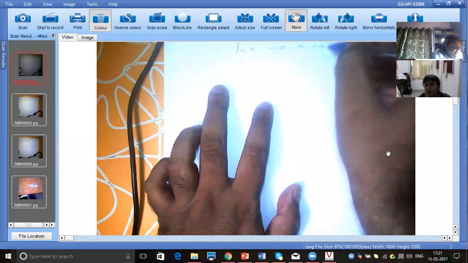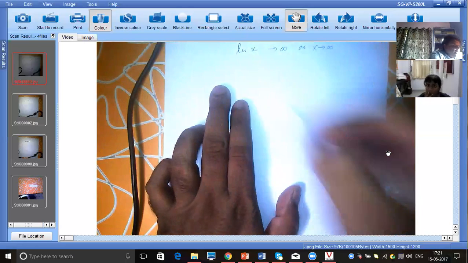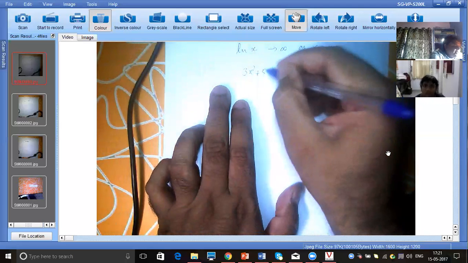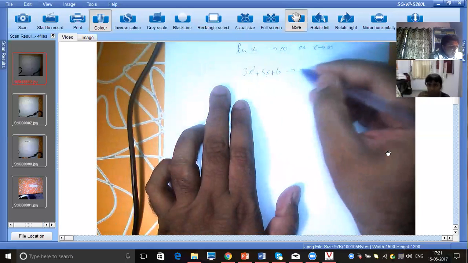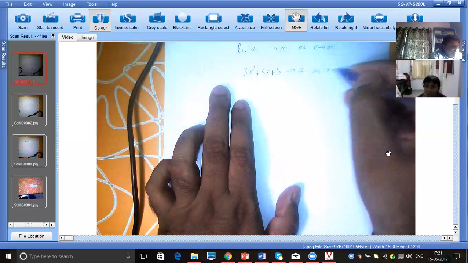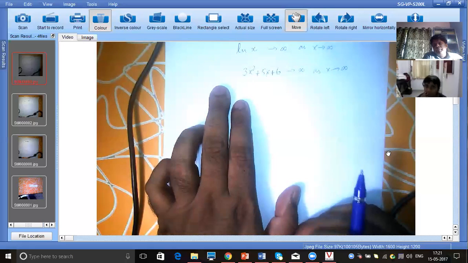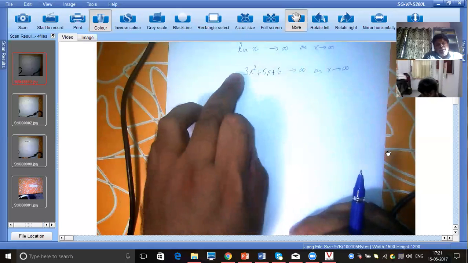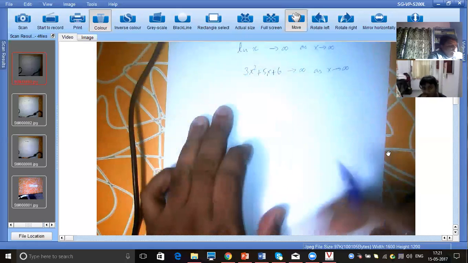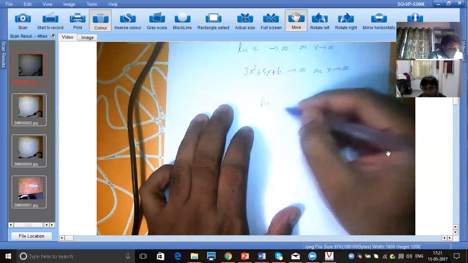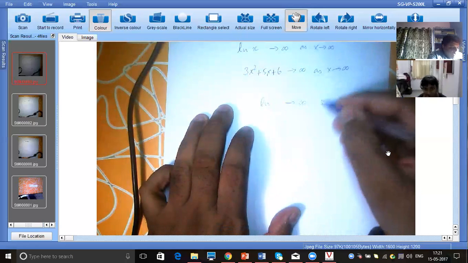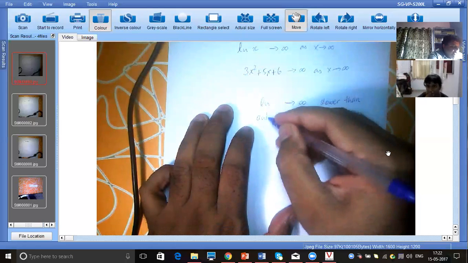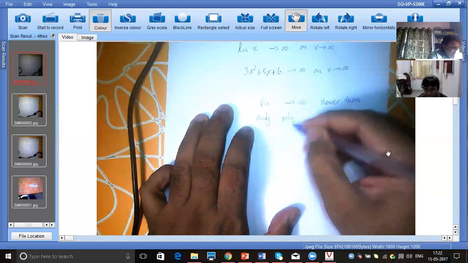If I take any polynomial, say 3x squared plus 5x plus 6, this also goes to infinity as x goes to infinity. But what do I know about these two functions? Log goes to infinity slower than any polynomial.